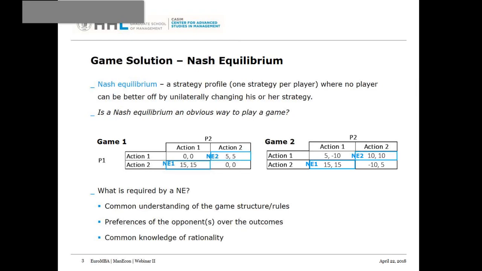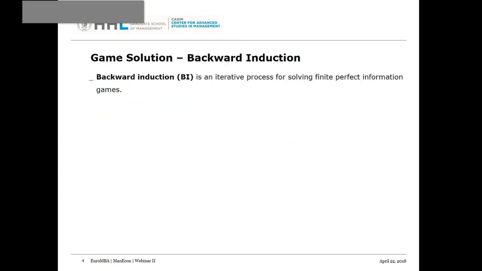But still, the question stays how to find a Nash equilibrium. The obvious one way is to look at all possible strategy profiles. So here we have 4, we check 4 and find which ones satisfy the Nash equilibrium condition. It might be slightly easier for games with sequential structure, because we know that such games can be solved using what is called backward induction, at least some games of sequential moves.